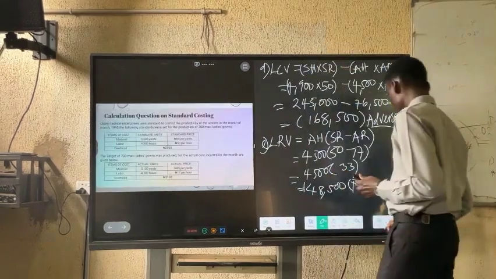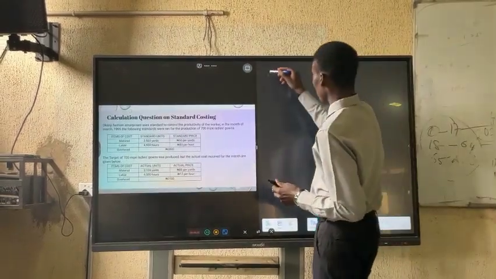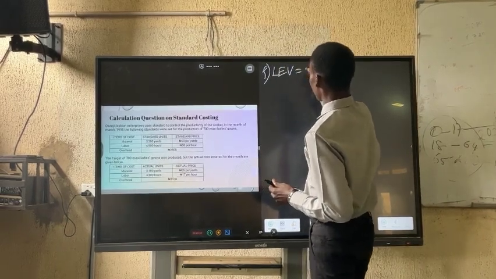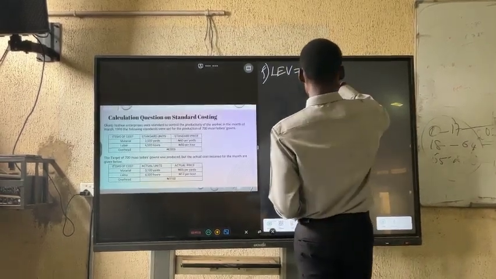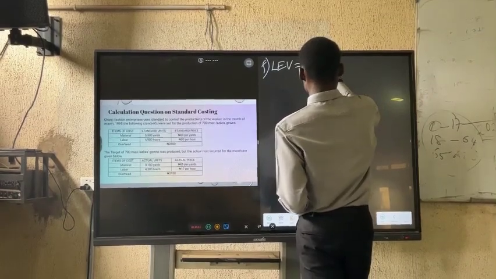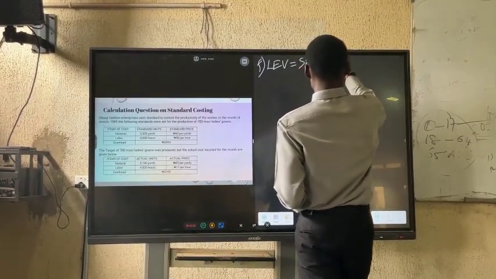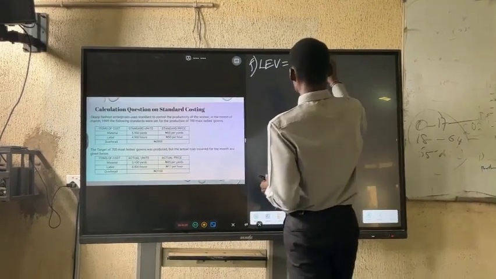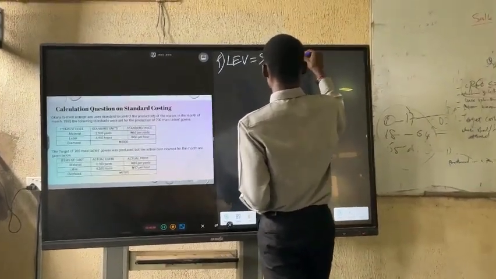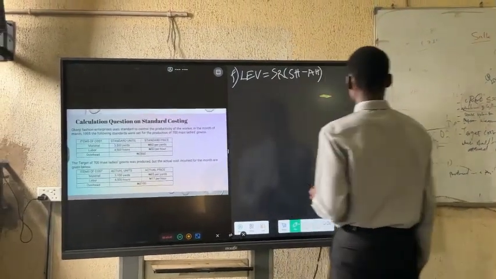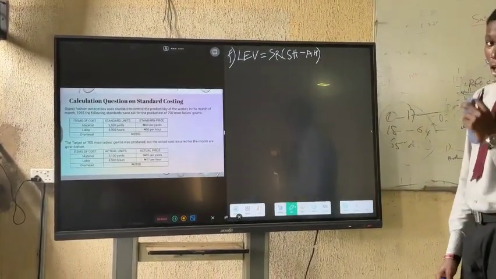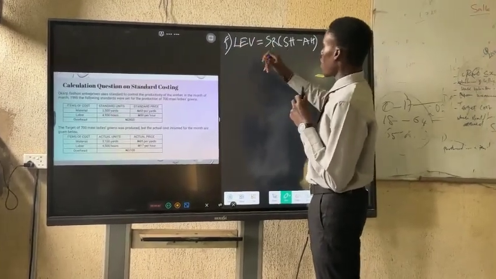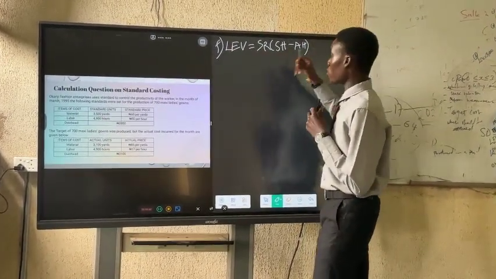Labor efficiency variance. The formula for this is our standard rate into bracket standard hour minus actual hour.